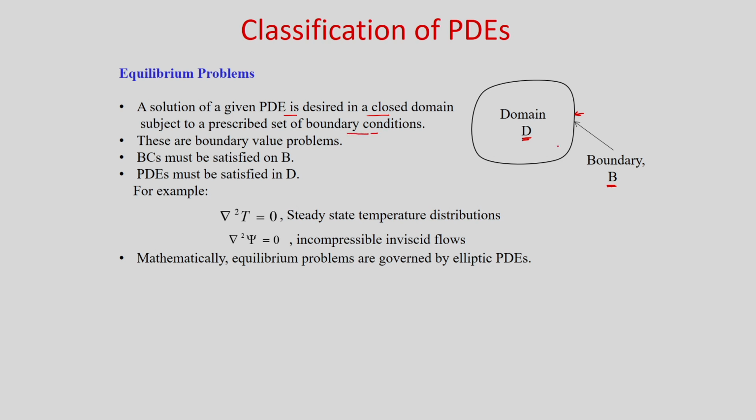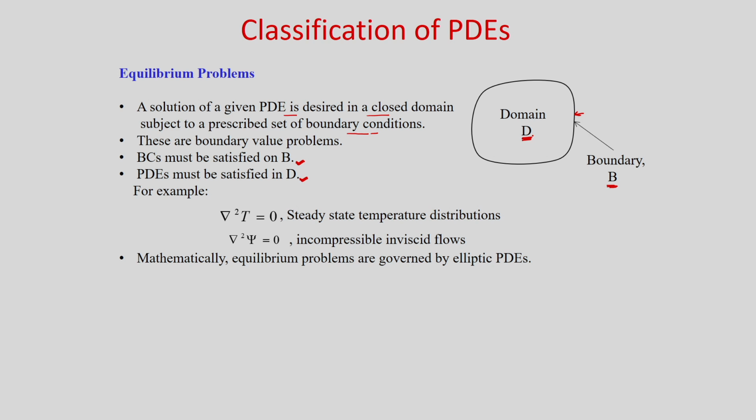So, in equilibrium problems you need to give the boundary conditions, and the solutions are desired in this closed domain D. These are boundary value problems because you are specifying only boundary conditions, and the boundary condition must be satisfied on B and the PDEs must be satisfied in the domain D.